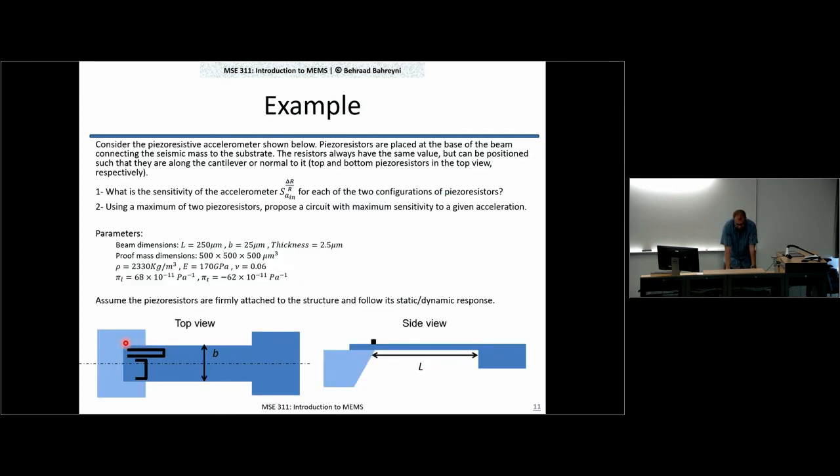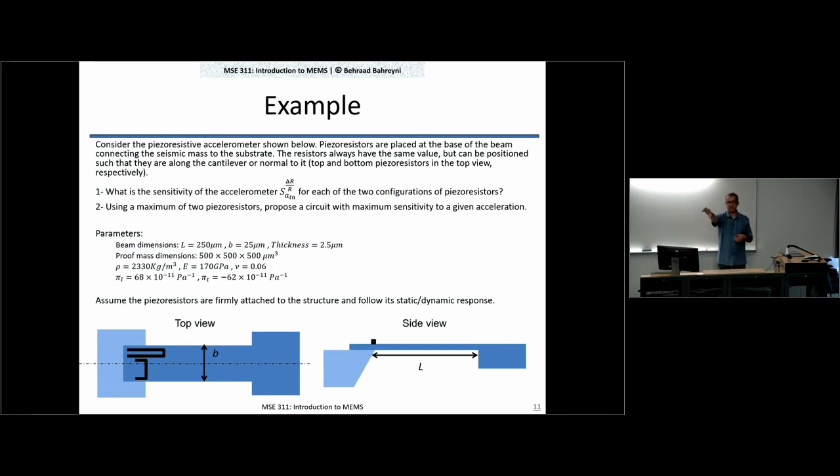Now, here is another example. In this case, coming back to what we solved before, we have an accelerometer, right? So if you go back to the previous example, we had a cantilever when you apply the force to it. In this case, we are not applying a force.